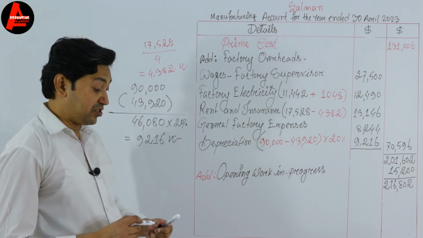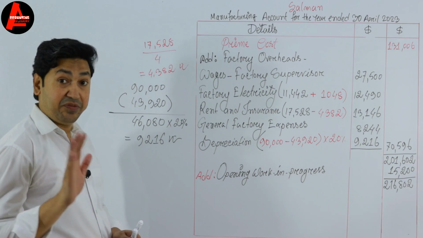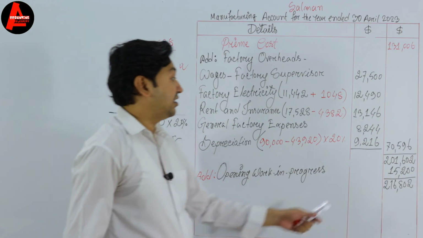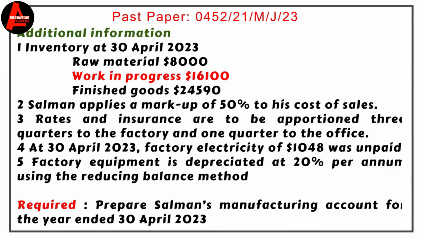Good. Now what to do? Now you will subtract closing work in progress. If you have it on the question you will subtract, if you don't have, finished. This is your cost of production. In the question we have inventory at 30 April 2023. Here we have work in progress $16,100. So this is our closing work in progress.